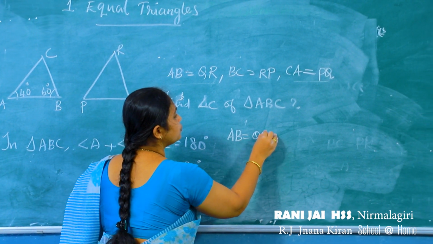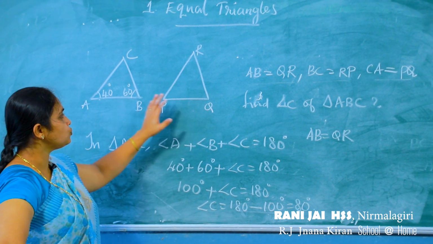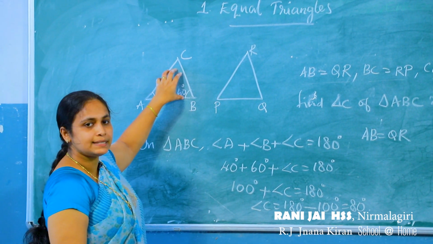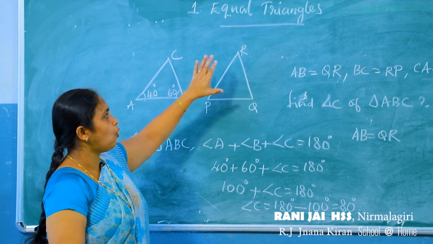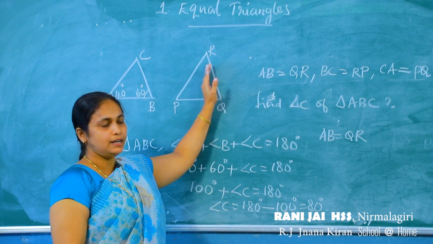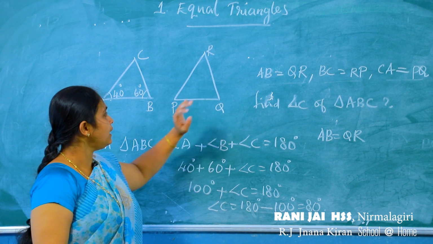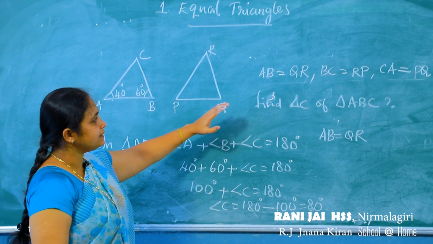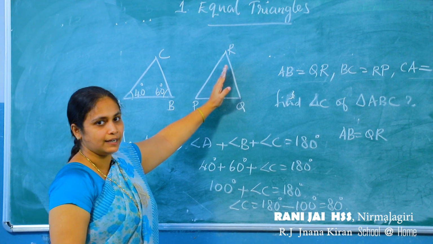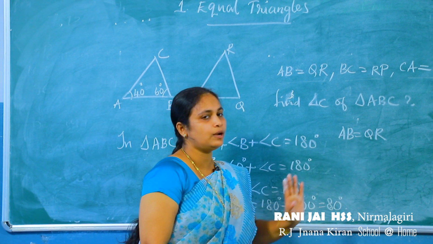In these two triangles all three sides are equal to all three sides of this triangle. Therefore, these two triangles are equal. Therefore, for finding the angles of these triangles, consider the equal sides.